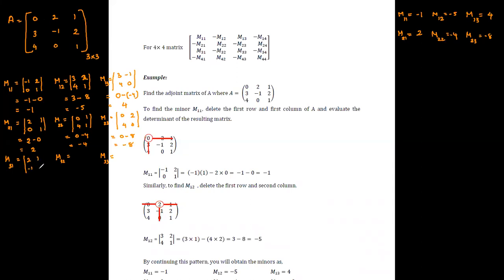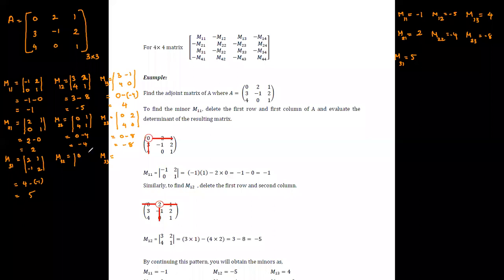Then for M31, third row with first column, the values will be 2, 1, minus 1, 2, then 4 minus 1, and the value is 3. Similarly, for M32, the third row and second column are cut off, and 0, 1, 3 and 2 are taken.